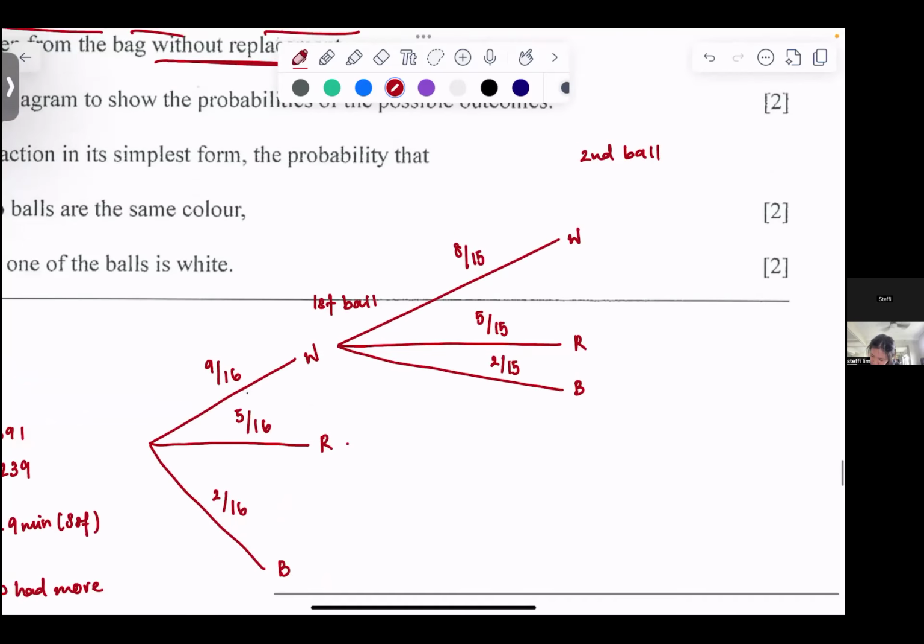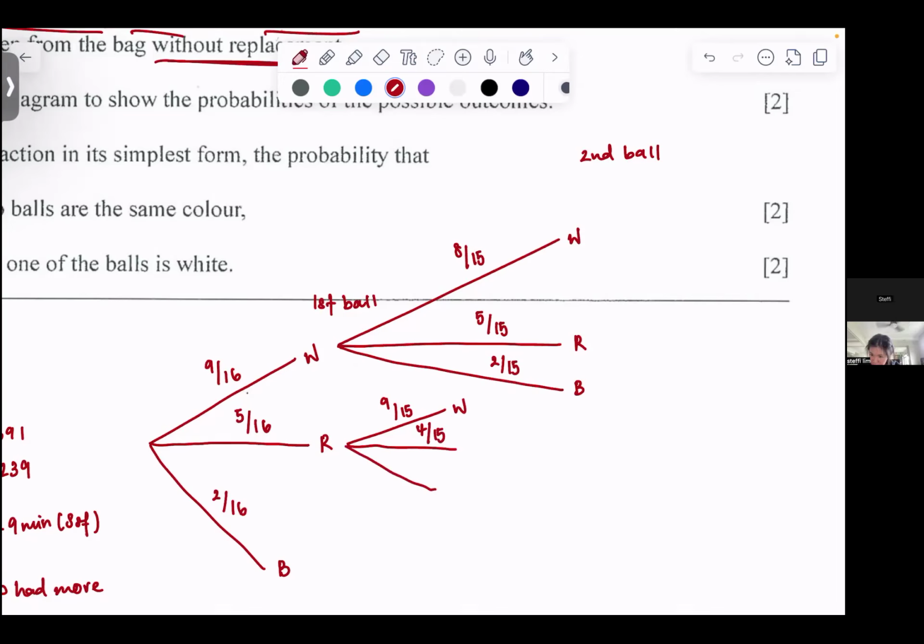Similarly, in the next round, what's my probability of getting a white ball after I got a red ball in the first try? 9 out of 15, right? How about 2 red balls? 4 out of 15. 1 red, 1 black, 2 out of 15.